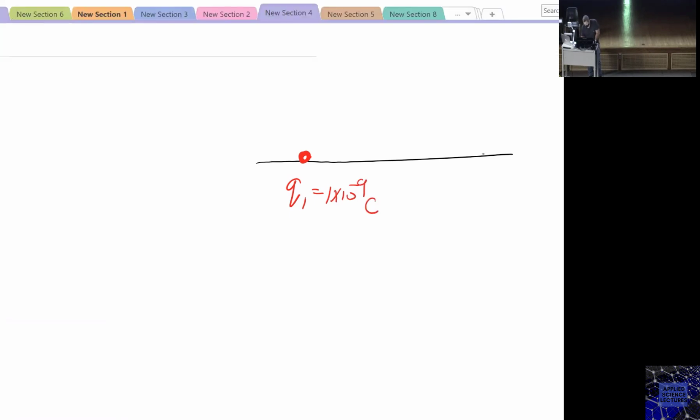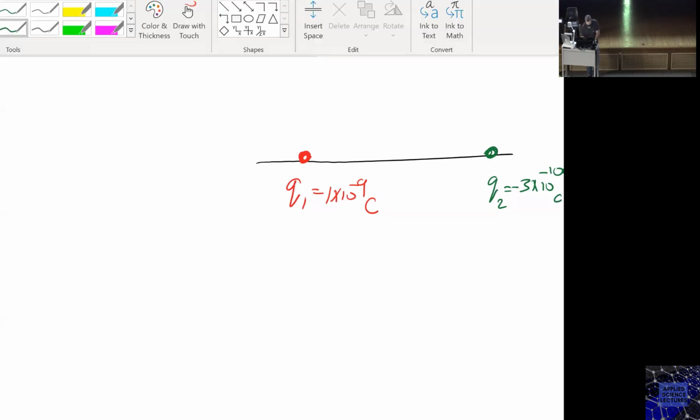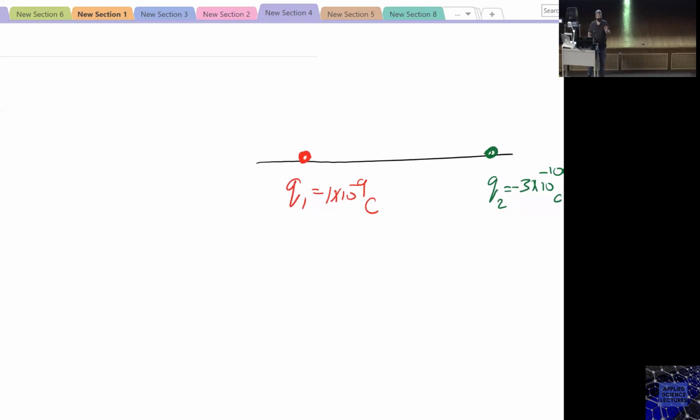And the other one is green. Q2 is minus 3 times 10 to the power minus 10 Coulomb. Now, I need to draw the force exerted by Q1 on Q2. So I am drawing it on Q2 because Q1 is the one that is exerting it.